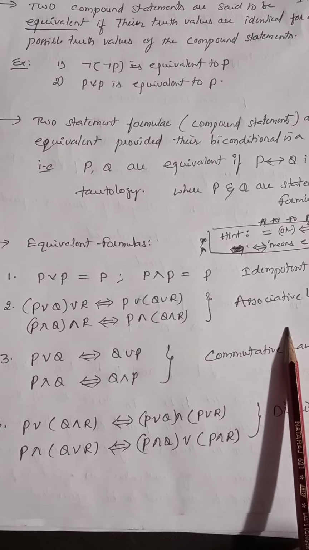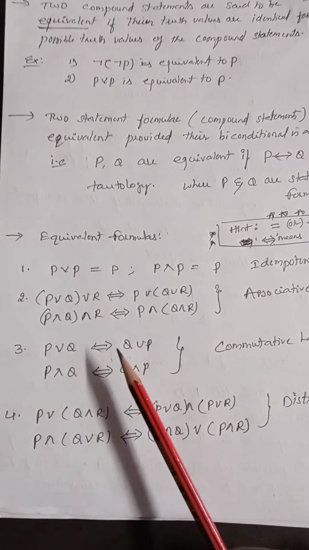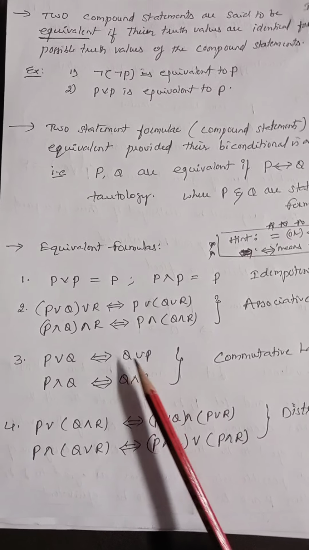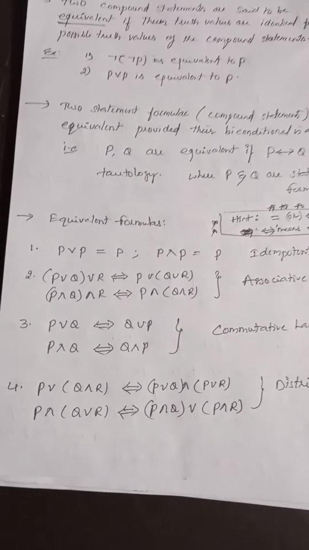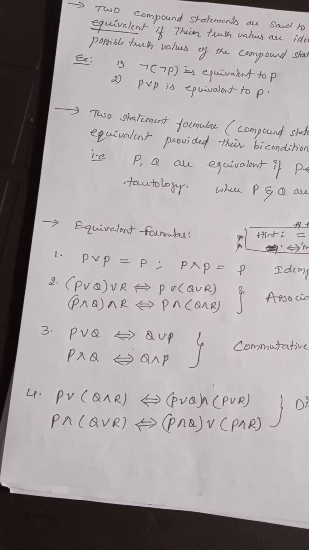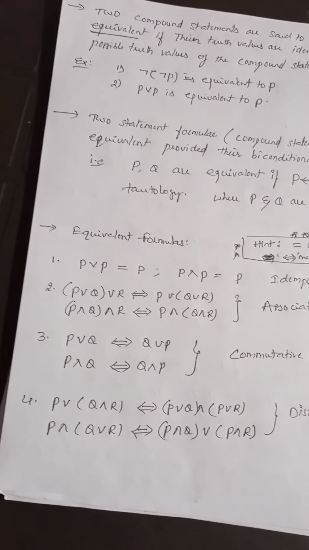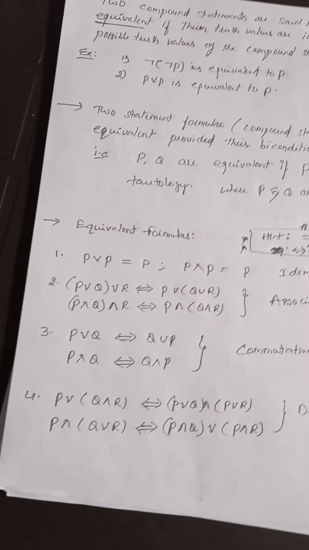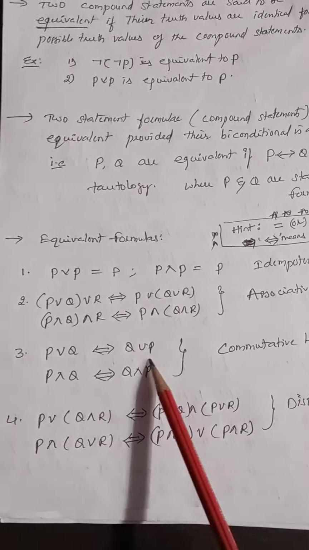These are called associative laws. Similarly, commutative laws: P or Q is equivalent to Q or P. Suppose in the case of addition of numbers, taking an example, 1 plus 2 is equal to 2 plus 1, no? Or in the case of multiplication, 1 into 2 is equal to 2 into 1. These are called commutative laws, right?